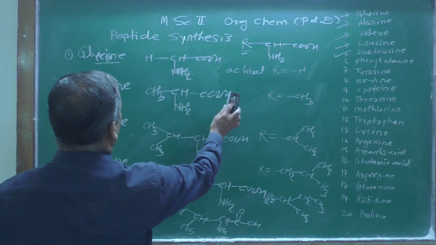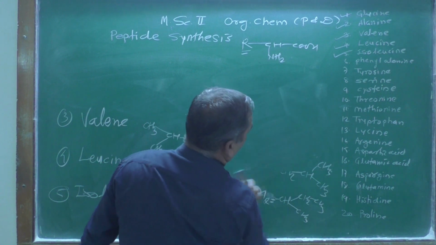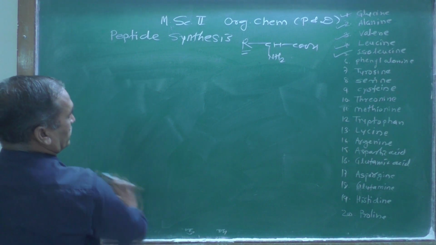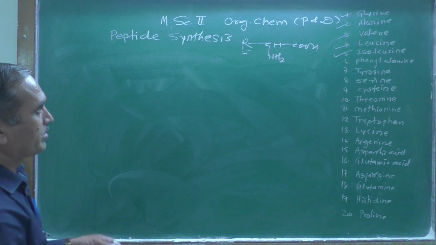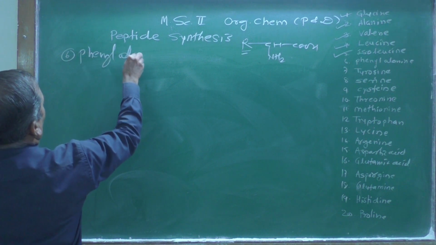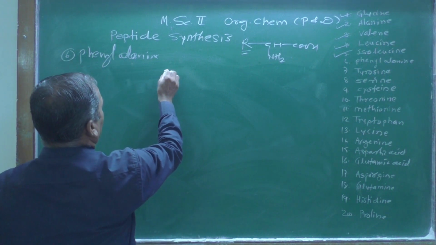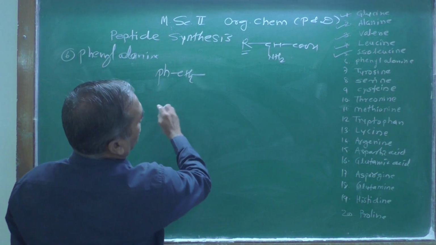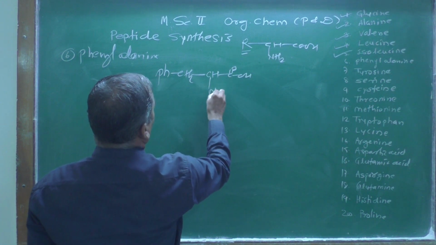Now let us see the other structures from 6 onward. The sixth structure is phenylalanine. The phenylalanine structure is like this, or in short you can write Ph, then CH2, then CH, C double bond OH and NH2.